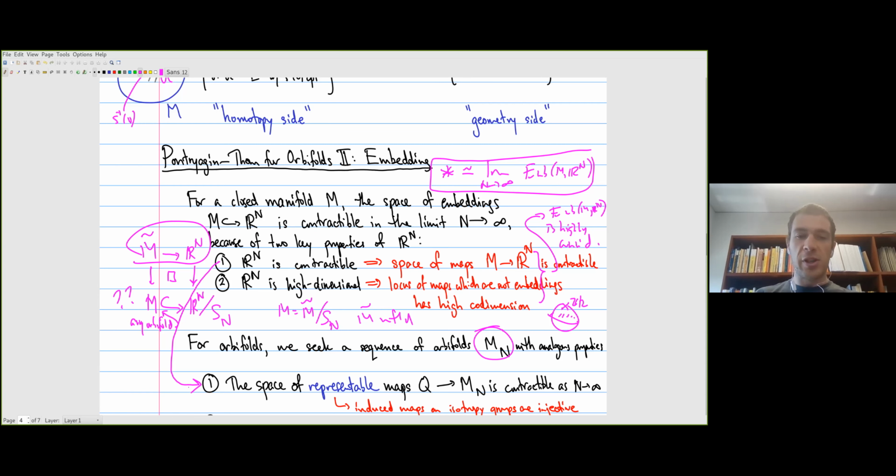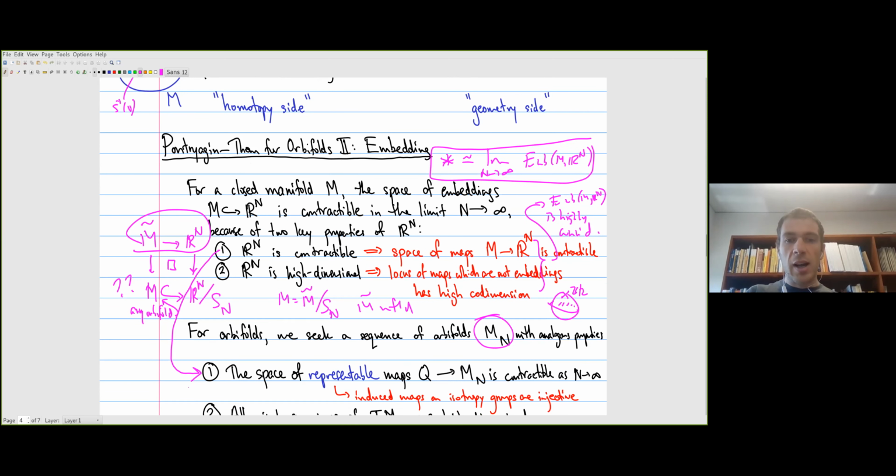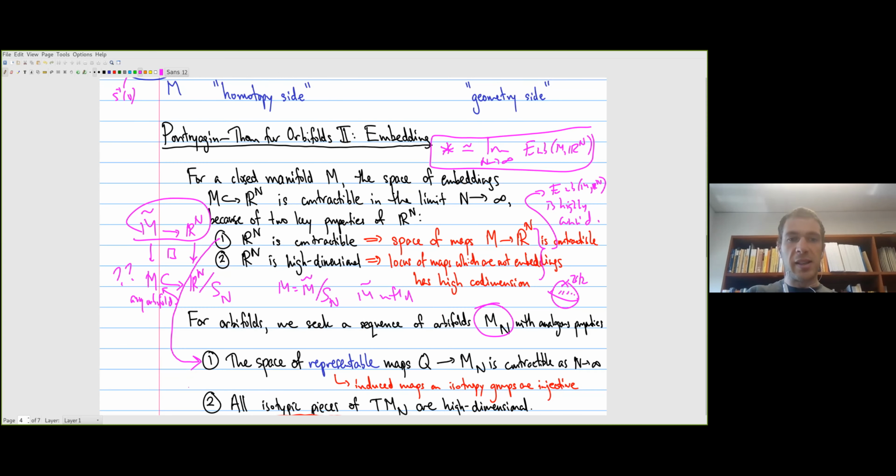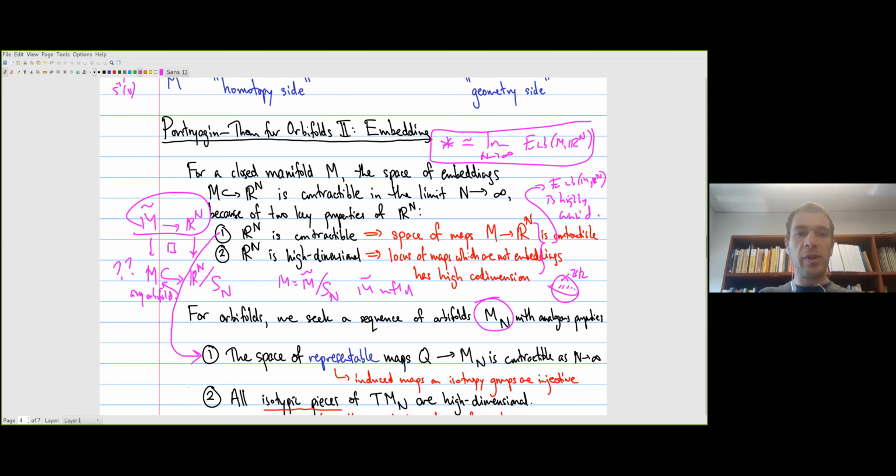For the purposes of this talk, a representable map of orbifolds is a map which induces injective maps on isotropy groups. And every embedding is representable.